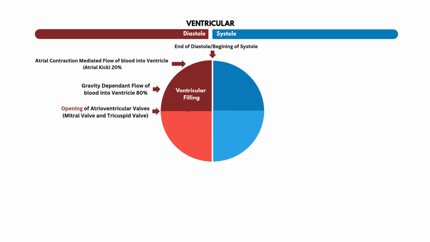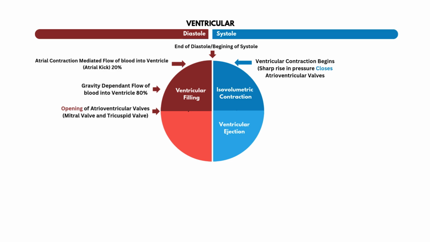Think of it as preloading of the pump, utilizing the passive filling and the atrial kick. Now, the systolic phases. The systolic phase is split into the isovolumetric contraction and the ventricular ejection. At this point, we know the ventricle is full because it has been preloaded by the diastolic phase, right?